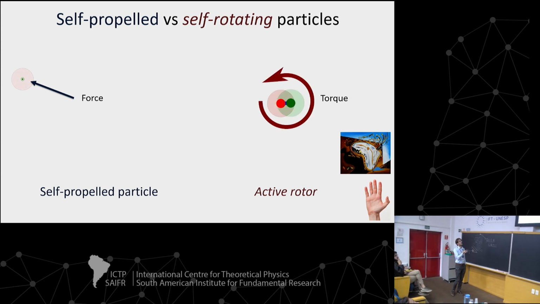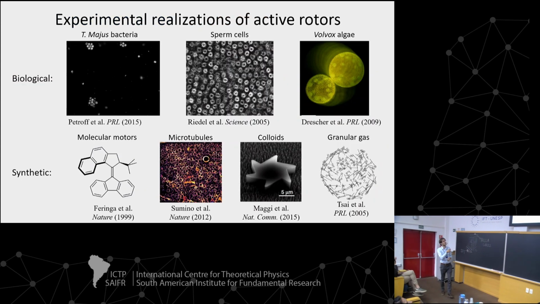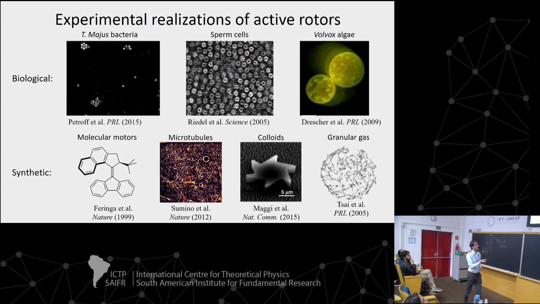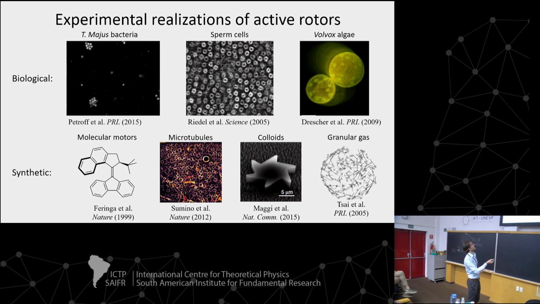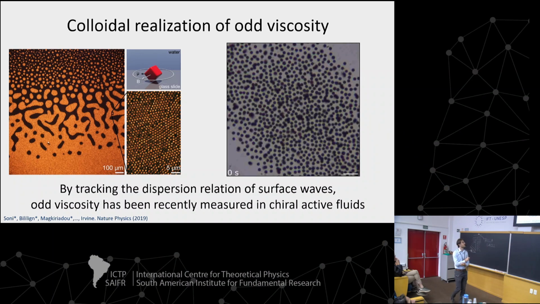The active rotor, unlike the self-propelled particle, which has a force acting on it, has a torque acting on it, a torque out of the plane in this two-dimensional case. And there are lots of examples of systems that have that, both biological and synthetic. I just gave some examples from a long time ago, but I'm sure there are lots of more recent ones.